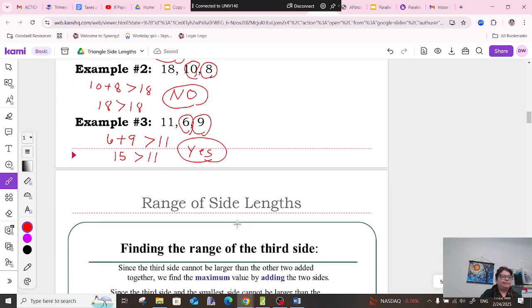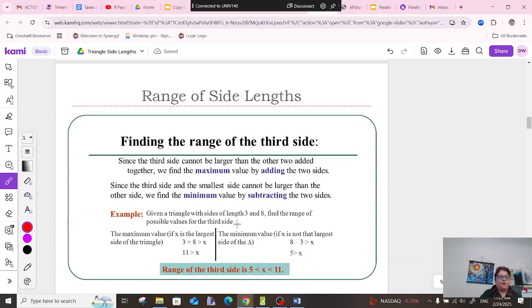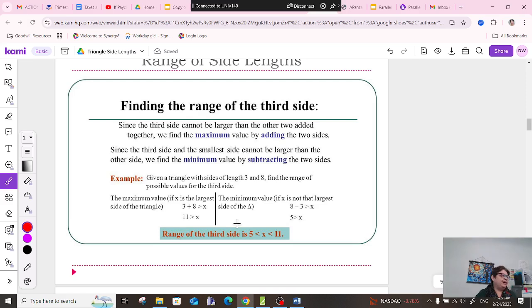Now, sometimes, let's say you're a farmer and you have two lengths of a fence and you're thinking about doing an enclosure, and so you want to say, oh, well, I want to save money, so I only want to buy another length, and I'm trying to figure out what length that fencing could be so I can make a triangle so there's no gaps, right?